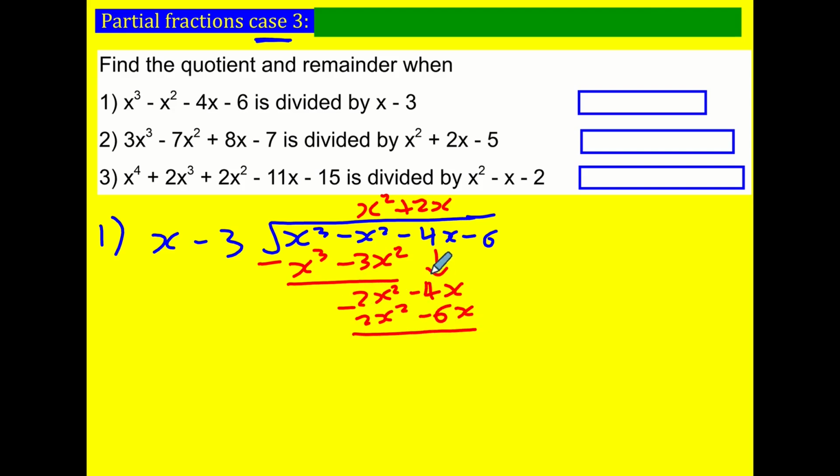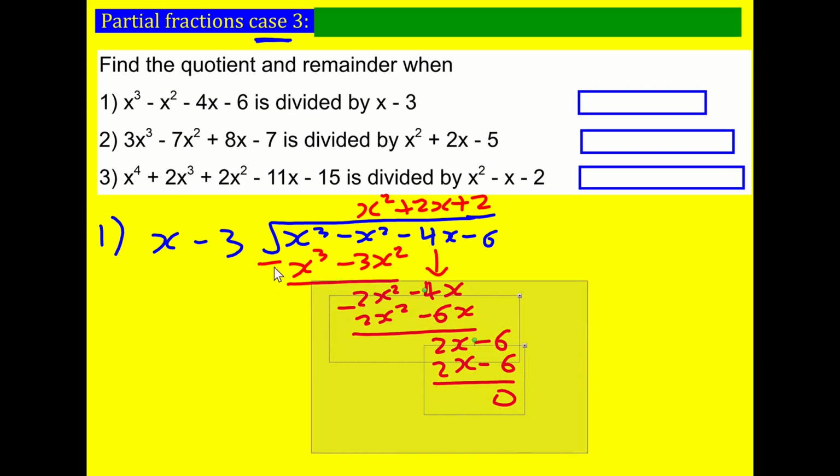Subtract them, minus 4x minus minus 6x gives us 2x. 2x minus 6, x into 2x is 2, so plus 2, multiply back through, minus 6. In this case, we get a remainder of 0, and actually that would help us factorize this cubic if we wanted to. Okay, let's do the next one.